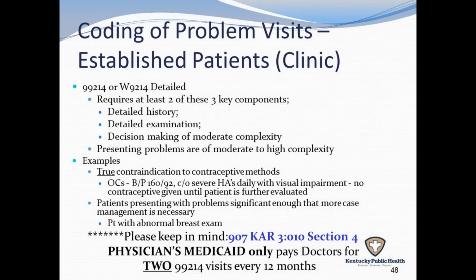Now, I say all this, but I want you all to know that if you don't do stuff, it will not be paid. I want you all to make sure that you're documenting everything you're doing so that you get the reimbursement that you need in order to stay open. So make sure you document everything you do with a patient if you actually code to a detailed level.